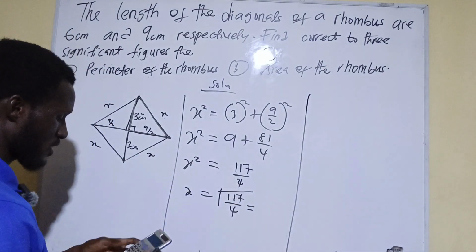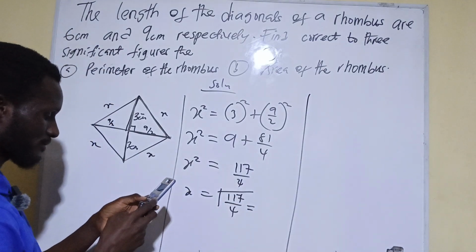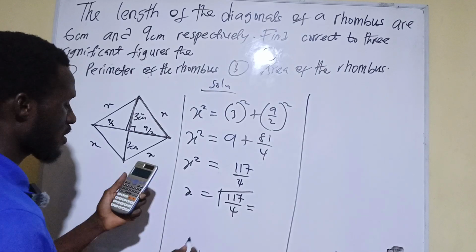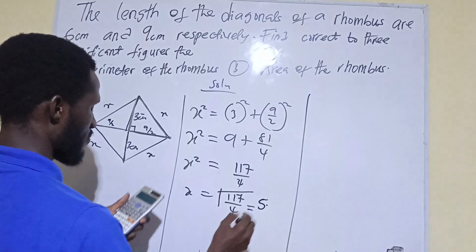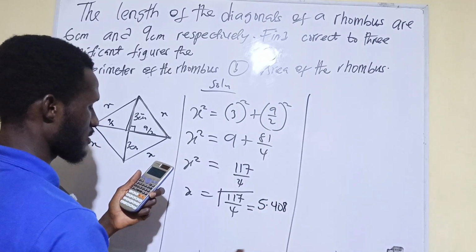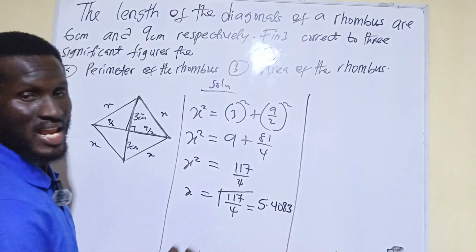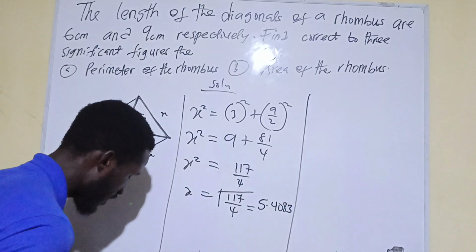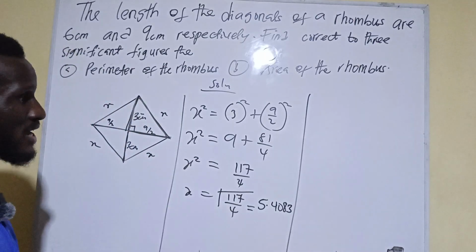So let's find the root of the answer. This gives me 5.4083. Let me leave the answer to 4 decimal places. This will be the x.